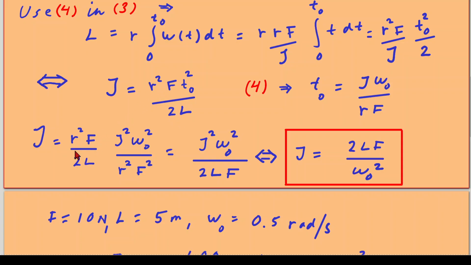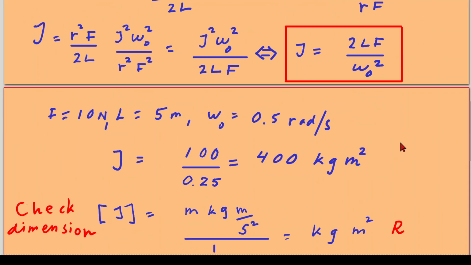So this here is that. Then insert t naught squared. It's this. You get this. And then you can simplify. You have this. Here's J squared. But it's a J here. So you can get rid of that and solve. So J equals this. And that's the final result.